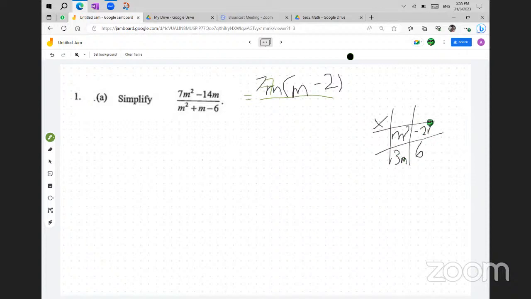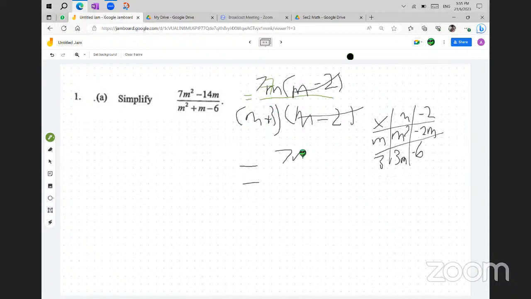So that's why it's m plus 3 and m minus 2. Yes, that's exactly what I wanted. The m minus 2 gets canceled, and the m plus 3 is left. So that will be 7m over m plus 3.